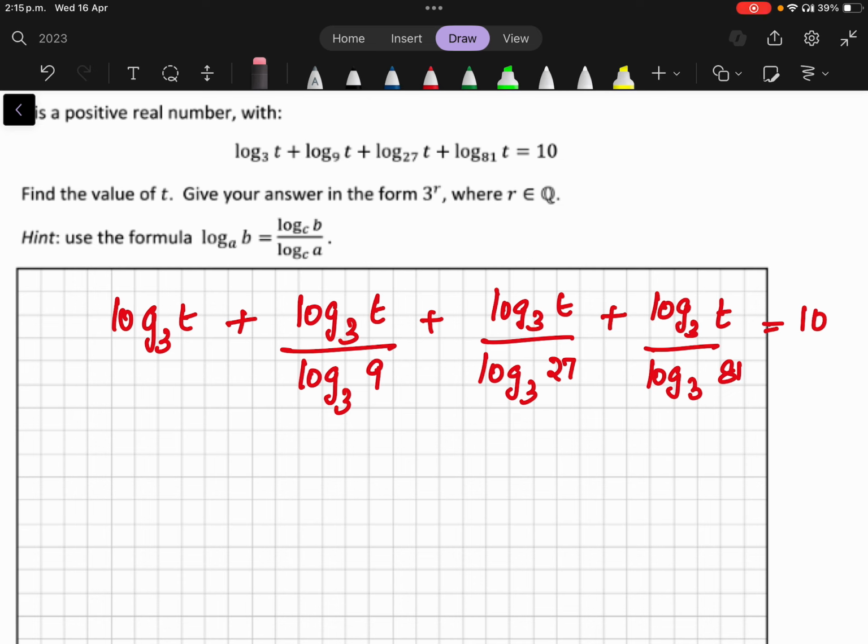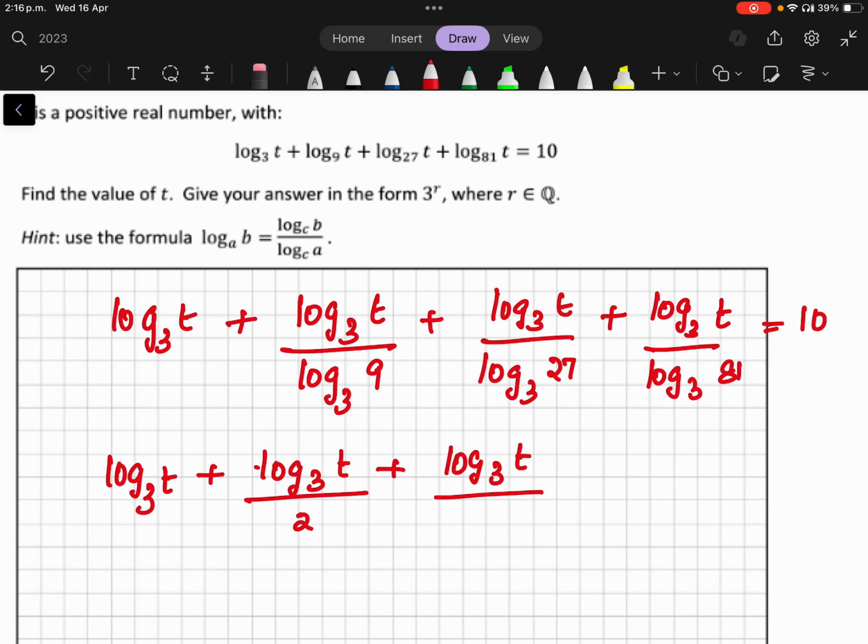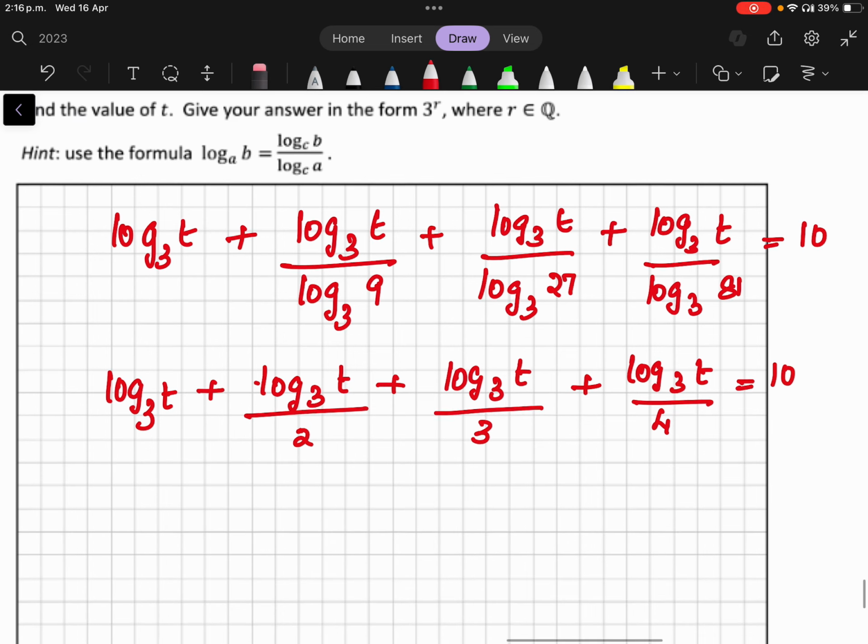Now simplifying this: log base 3 of t plus log base 3 of t divided by 2, plus log base 3 of t divided by 3, plus log base 3 of t divided by 4, is equal to 10. Now you can solve this by any method.